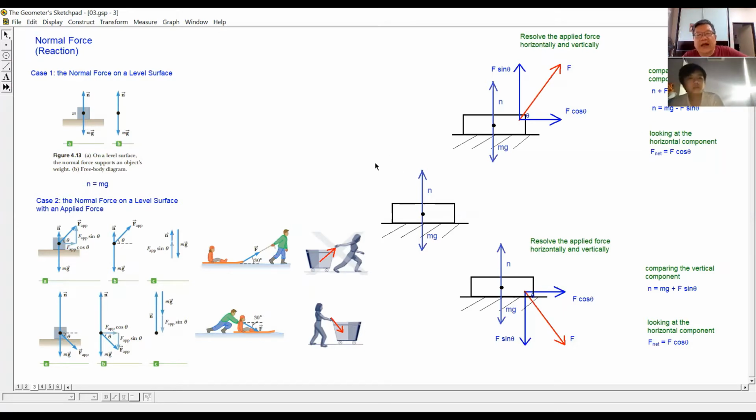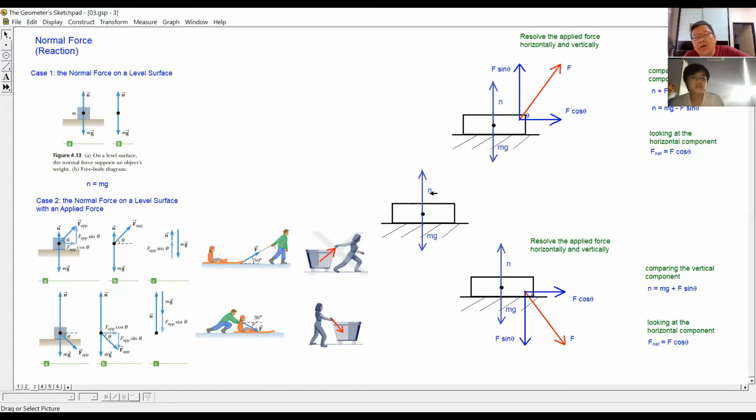I enlarge the picture over here. The weight of the object is exerted on the table, mg. The table exerts a normal reaction on the object.